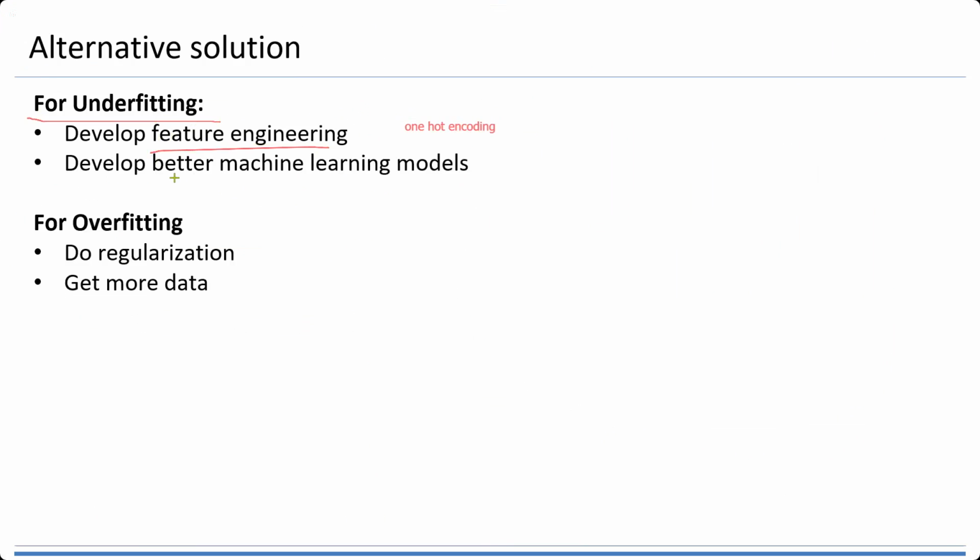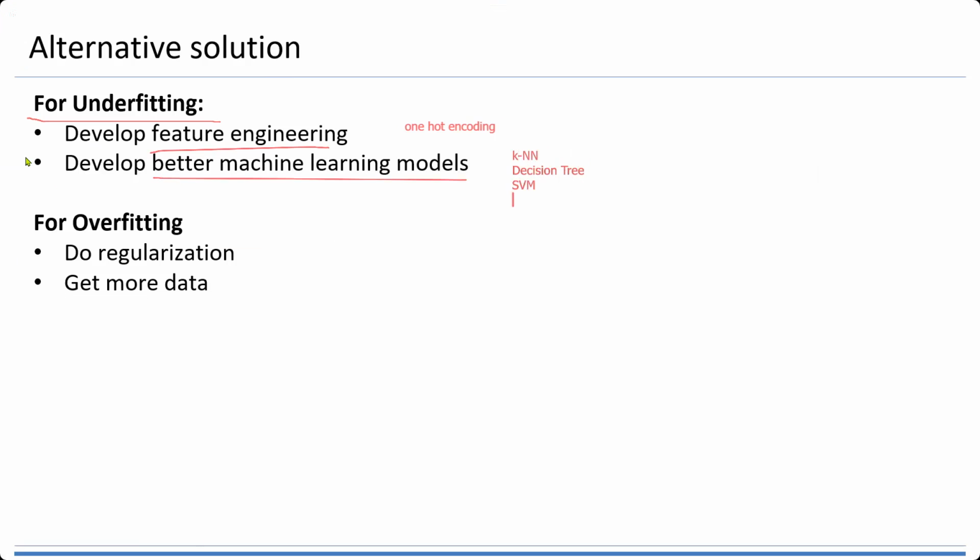Or you need to develop better machine learning models. Maybe in this data, KNN is not good, so you need to use another kind of algorithm. Maybe we can use decision tree, or SVM, or another algorithm. So you need to compare different machine learning models.